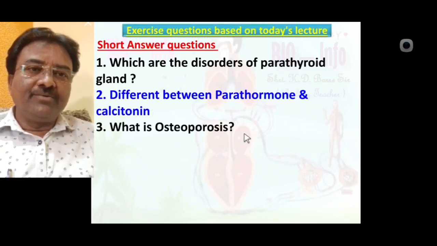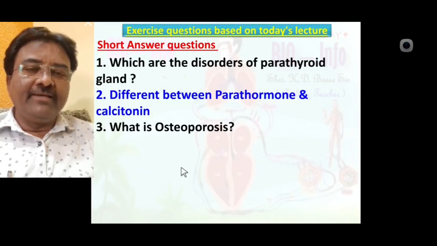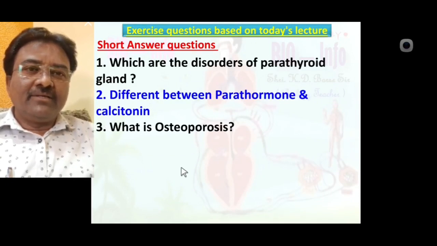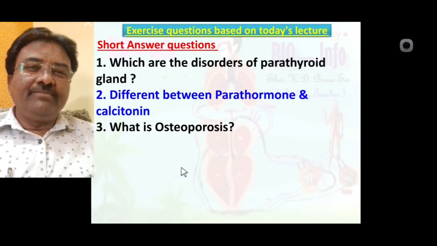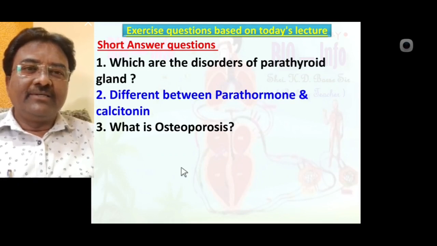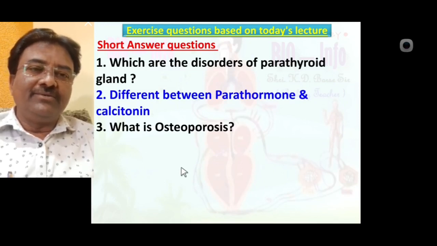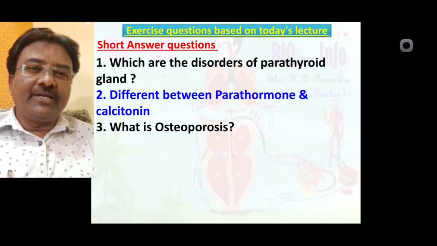What is osteoporosis? Yes, the bones become bending, porous, even in a fracture condition. Such bones are called osteoporosis, and such osteoporosis is due to loss of calcium absorbed from them.